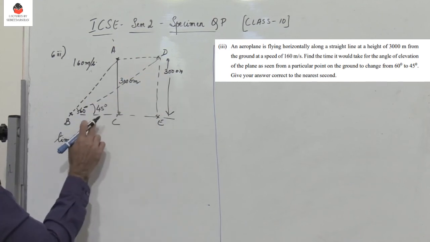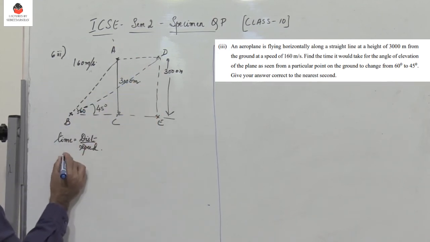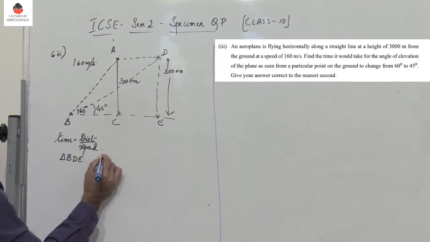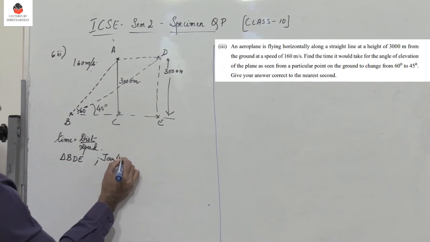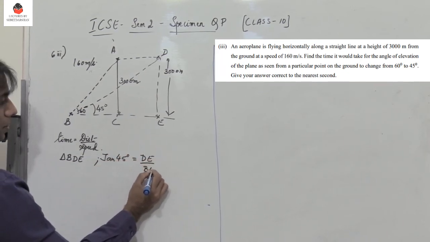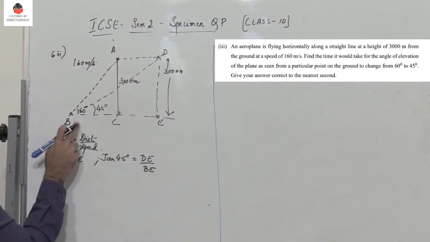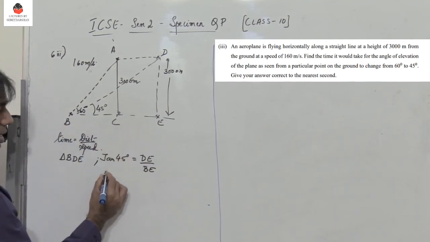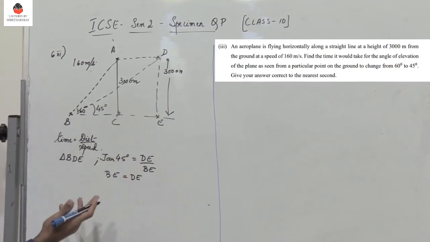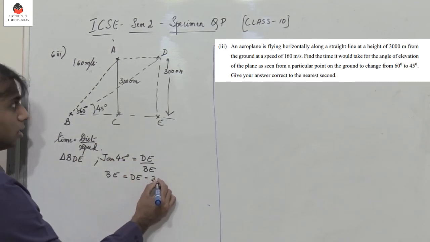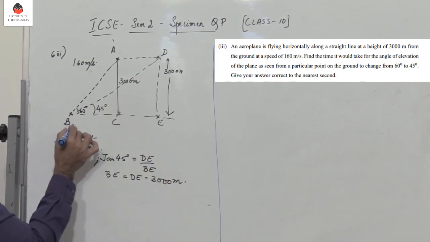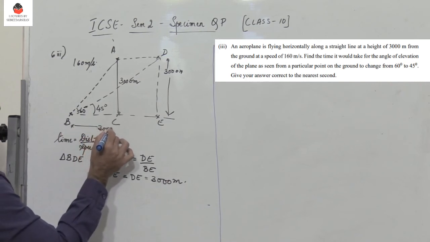Now consider triangle BDE. So you have tan 45 degrees equals DE by BE, right? So what is BE? BE is nothing but equal to DE, because tan 45 is 1. So this is 3000 meters, right? So this entire distance is 3000 meters.